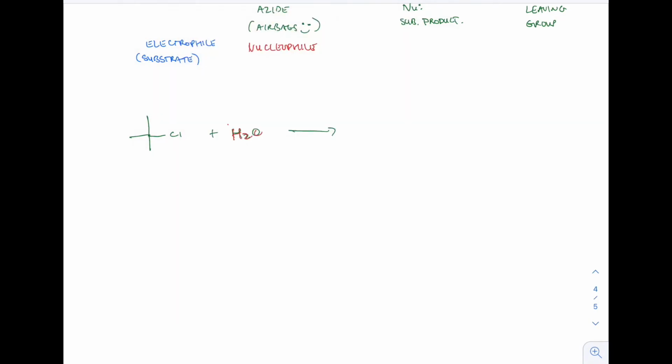So let's try another one. This is a little bit different. We've got this alkyl halide with water, which is the nucleophile because it's electron rich, even though it's neutral. We've got that electrophile. Now it's susceptible to nucleophilic attack by that water, and what we initially would get is this particular compound right here plus the chloride ion, right?